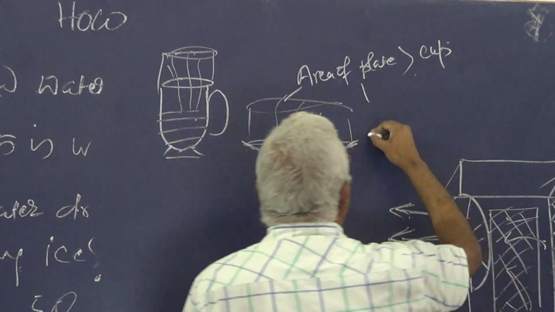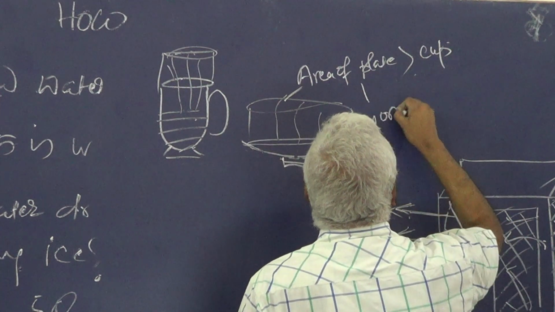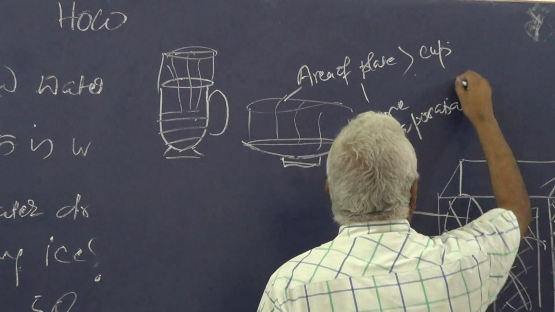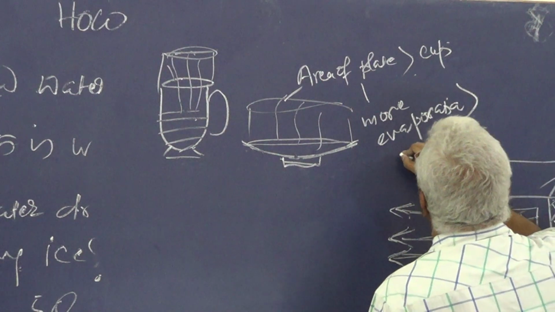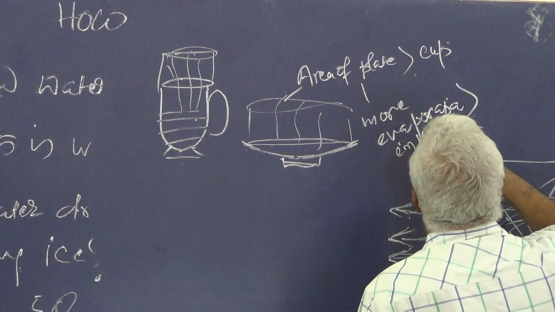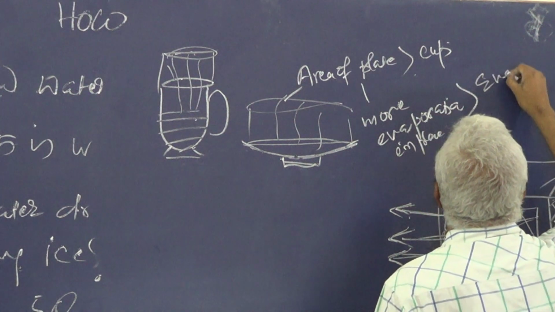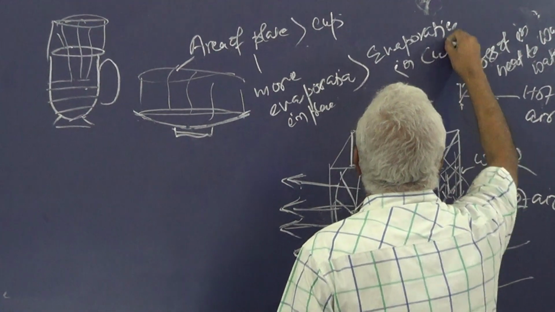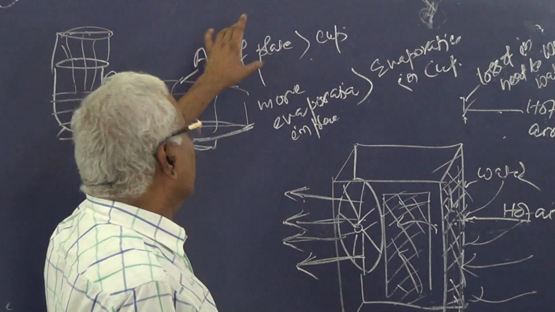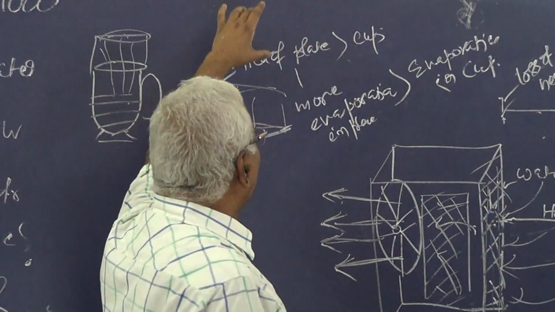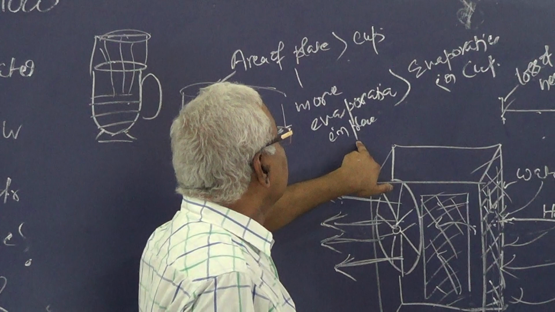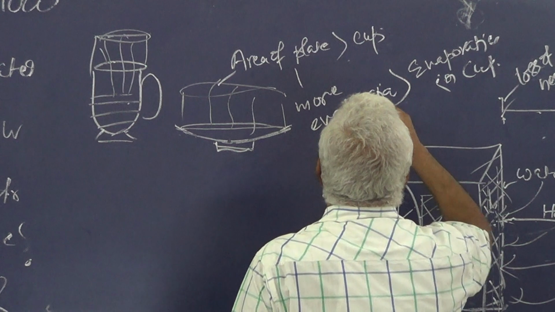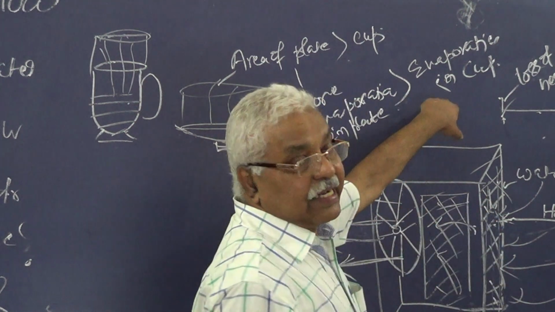Therefore, more area means more evaporation. More evaporation in the plate than in the cup.